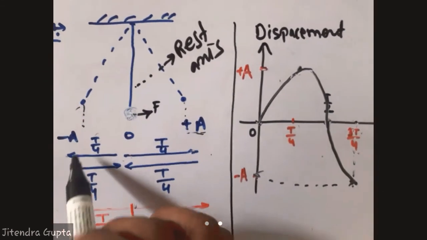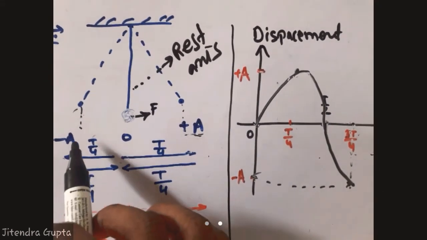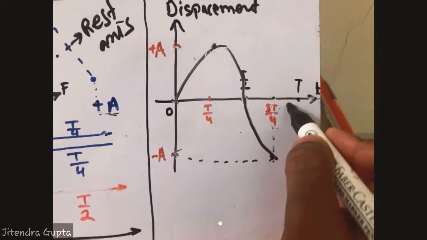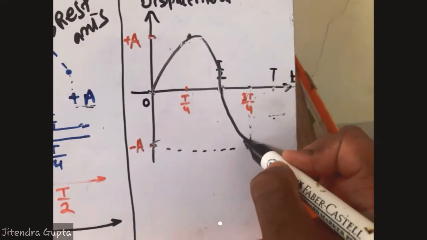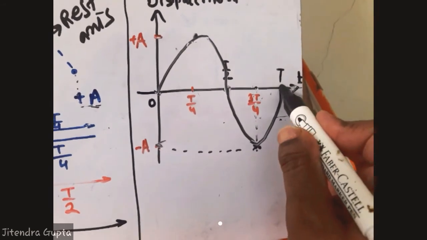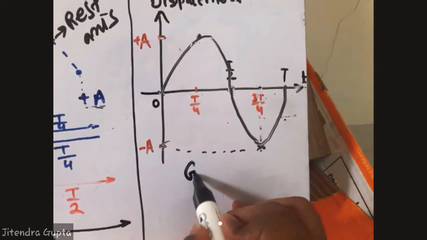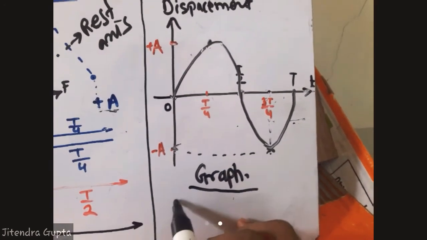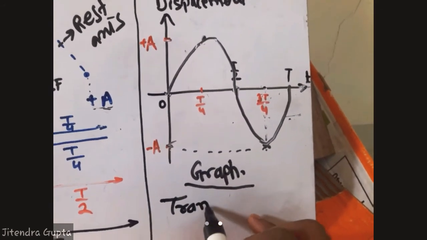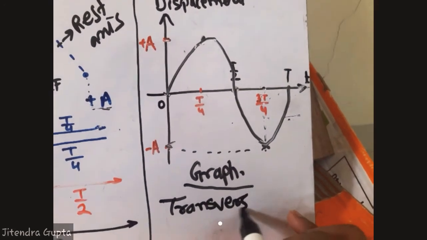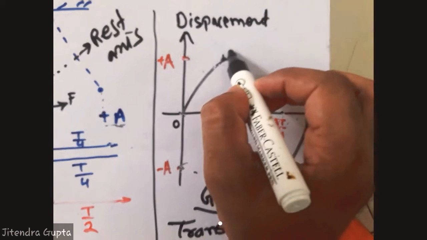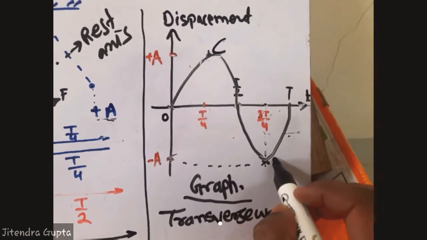Now in the next T by 4, it has reached from the extreme to the 0 mean point. So this is the graphical representation of a transverse wave, in which this part is called the crest and this part is called the trough.